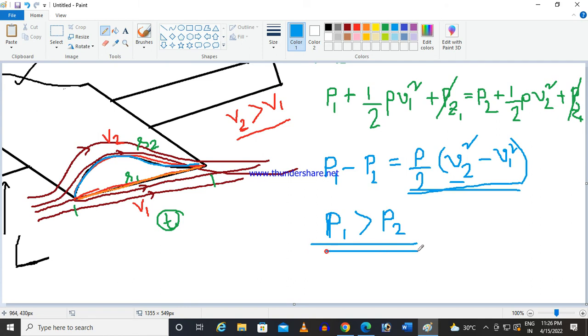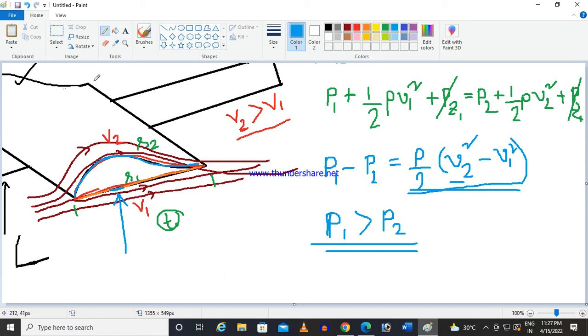Then pressure at this area is higher than pressure at this area, so it will create an upward pressure. The resultant pressure is upward.